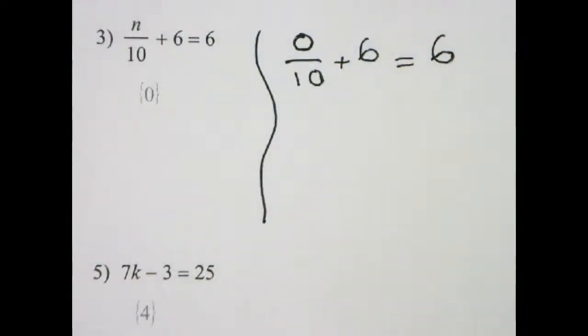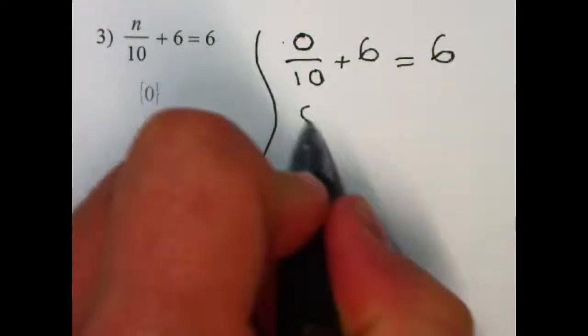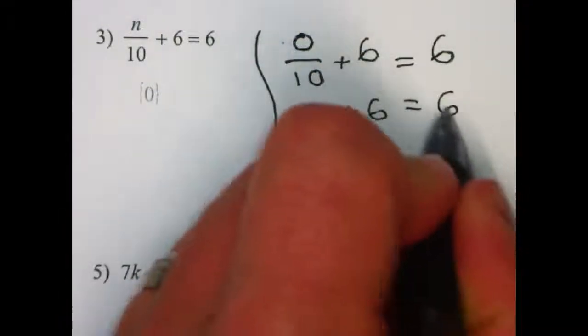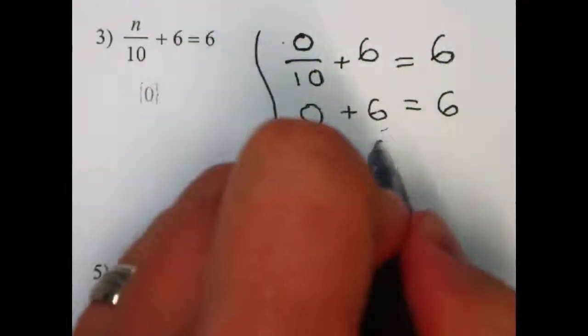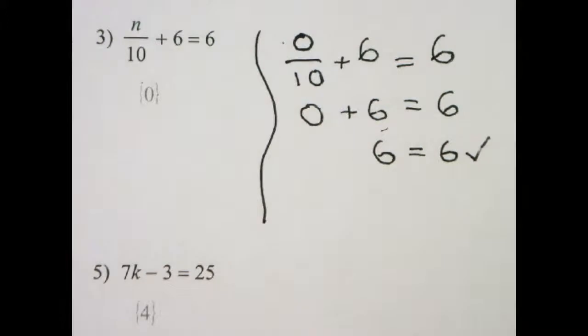Zero divided by 10. 0 divided by 10 is 0. And 0 plus 6 is 6. Same number, it works.